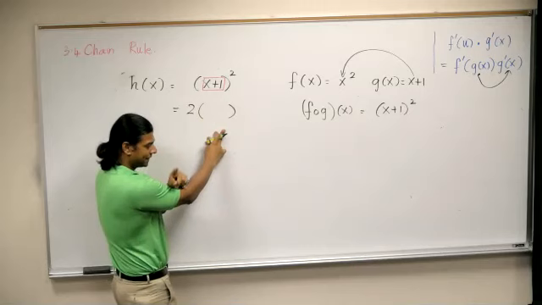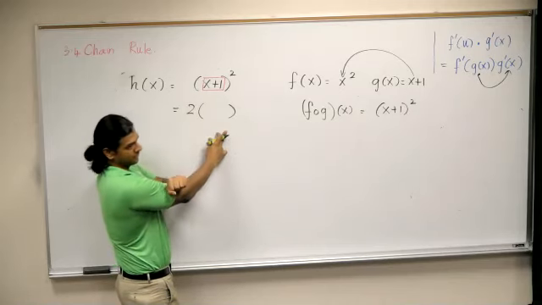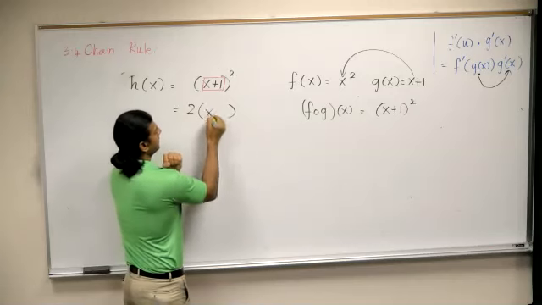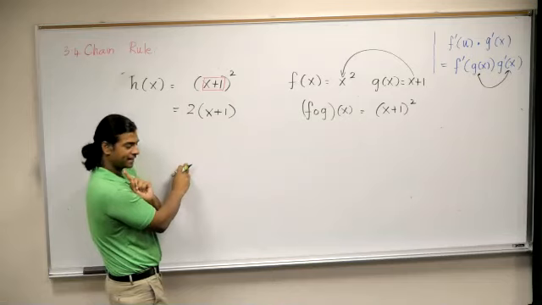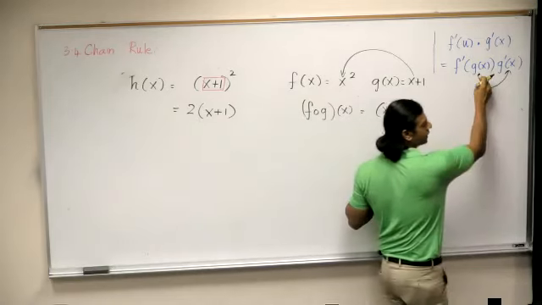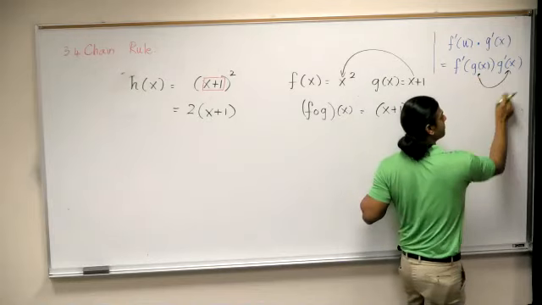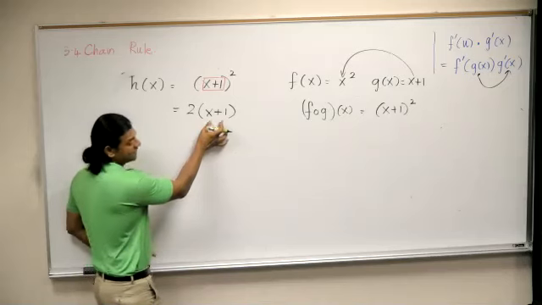But in my head, I visualized x to be the one in the box, right? So x plus one. What does chain rule say? Well, that's not the end of it. You've got to take whatever g of x that you had, multiply it by its derivative. That is g prime of x.